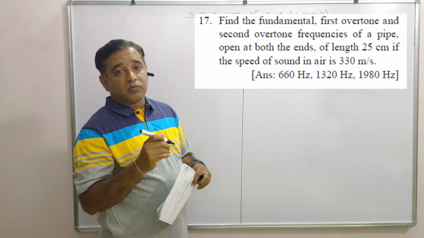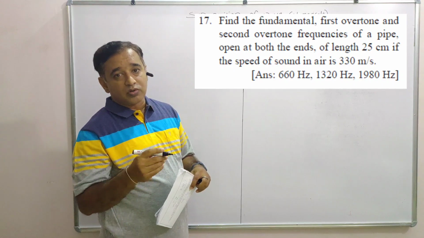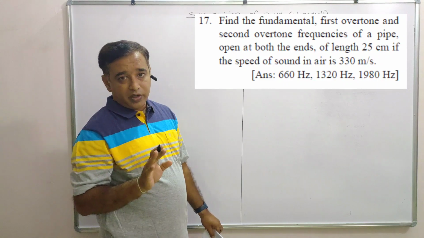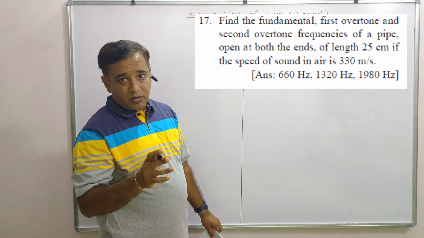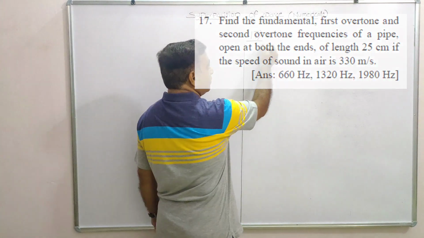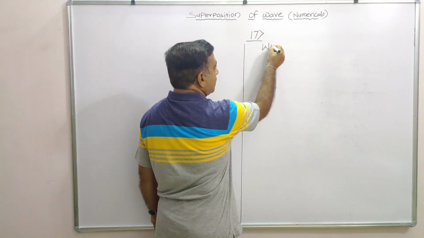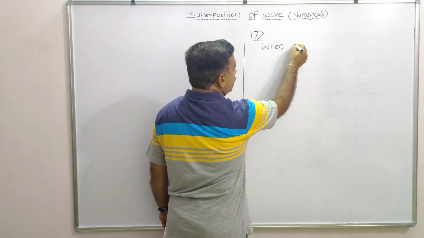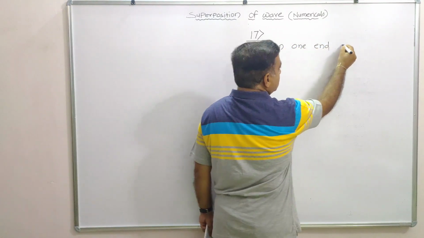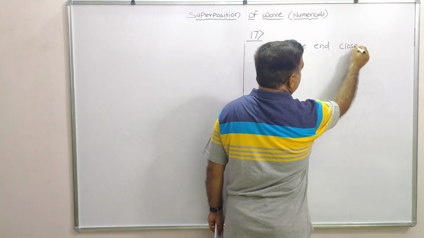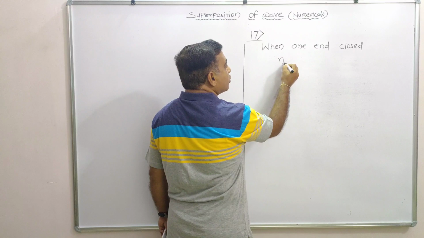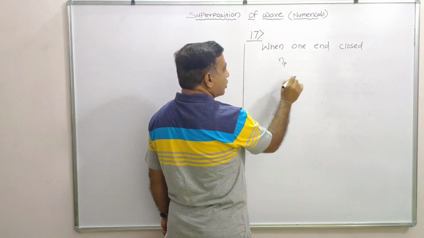For the frequency of the overtone, we have formulae that we will have to remember. When one end is closed, how do we calculate the frequency? The frequency of overtone number P, where P is the overtone number.